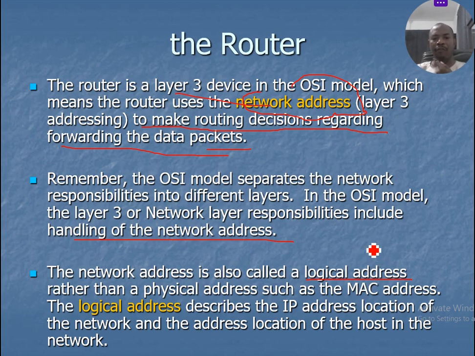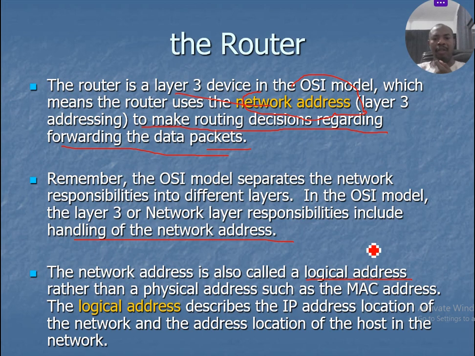This is quite different from the physical address in layer 2. A good example of the physical address is the MAC address. We talked about this in layer 2 in the previous section, using bridges and switches, which use MAC addresses to learn the direction in which to forward data packets.